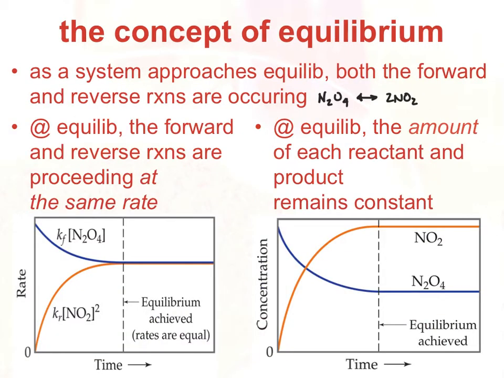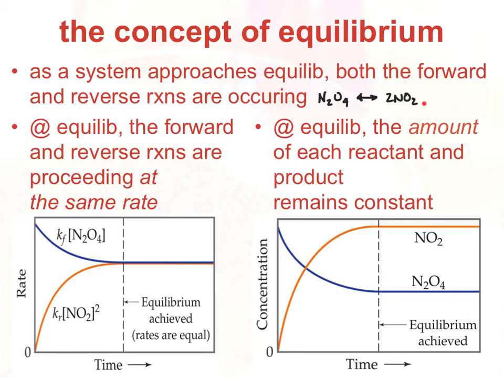So let's go ahead and look at the concept of equilibrium with respect to some graphical data. In this first setup here, we are looking at the rate of the forward and reverse reactions with respect to time. What you'll notice here is that the rate of disappearance of our reactant, as we progress through the time of the reaction, is going to decrease.